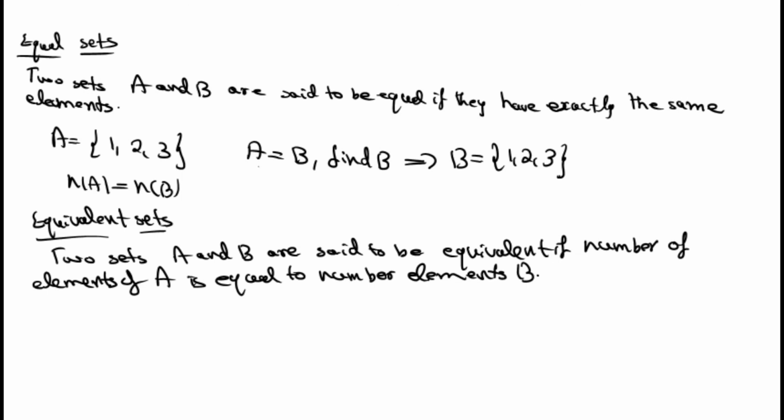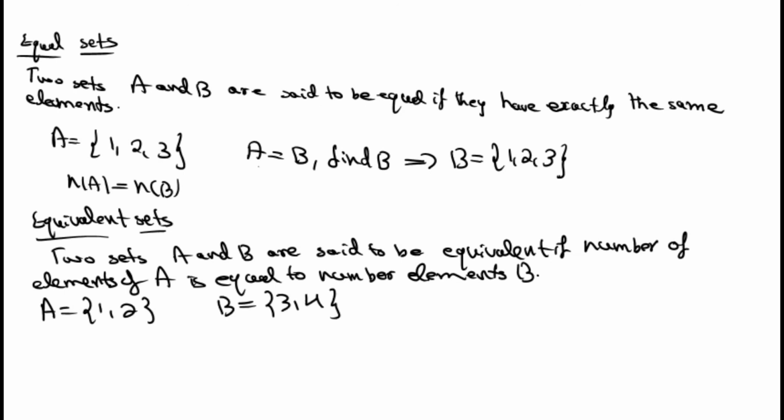See, there is a difference between equal sets and equivalent sets. Equal sets mean A and B must have exactly the same elements. If they have exactly the same elements, they must have exactly the same number of elements. But here, see equivalent sets. For example, I am taking A equal to {1, 2} and B equal to {3, 4}.